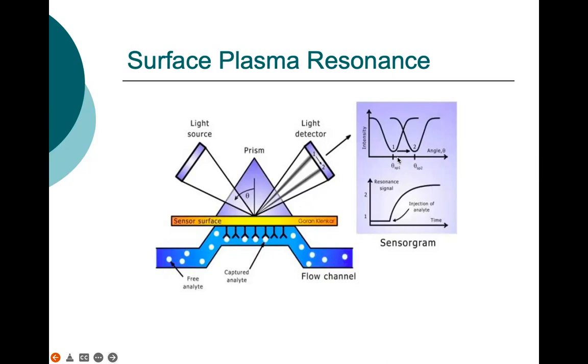You can see that one is before any interaction with the analyte, virus or DNA or bacteria, and then in number two, you observe changes in terms of angle when it is exposed to the sample. If the sample is positive, there will be changes in terms of theta. This is called theta, the angle of the refractive index, how much it is being reflected.